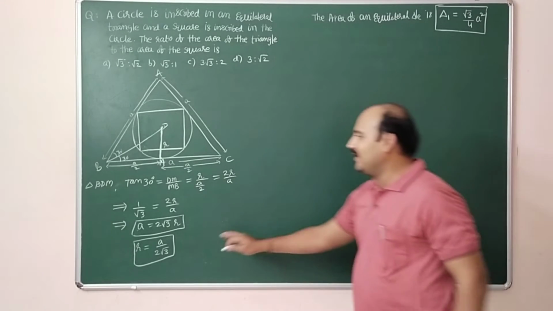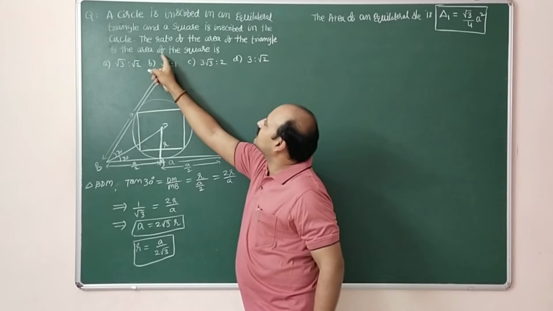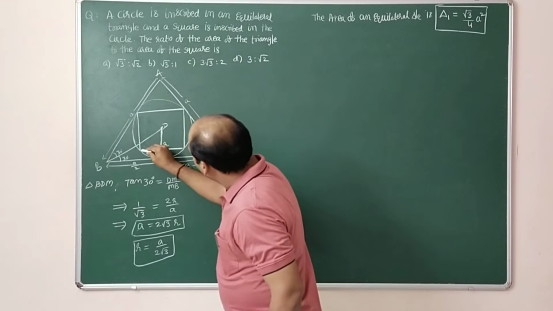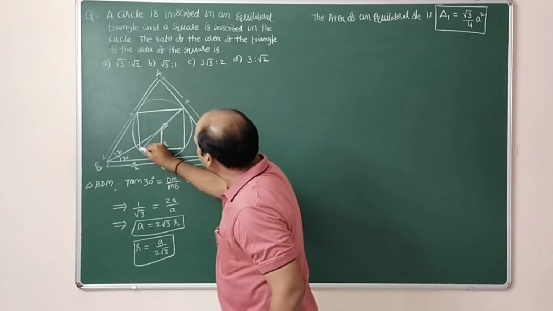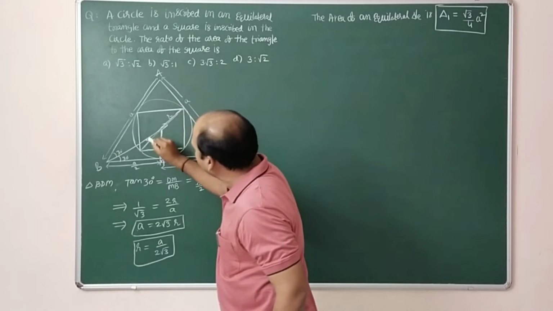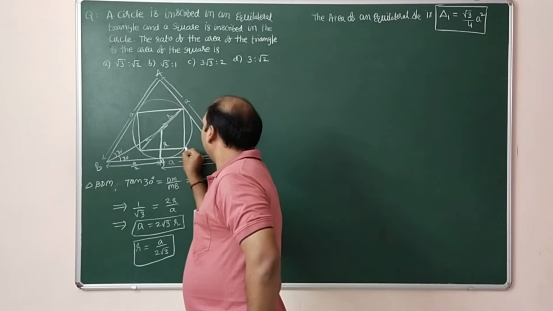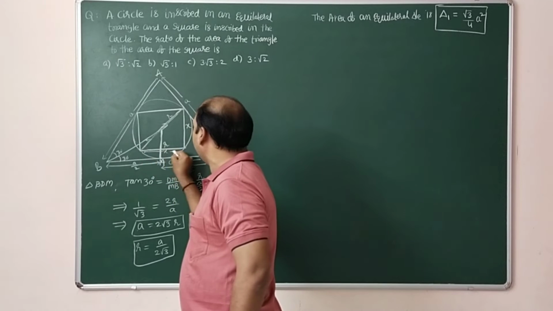So what is the use of getting this? Now they are asking not only the equilateral triangle area but also the square area. If it is a square, from here to here is it the diameter? Is it a diameter or not? From here to here, from here to here, this side of the square we are assuming is x from here to here.